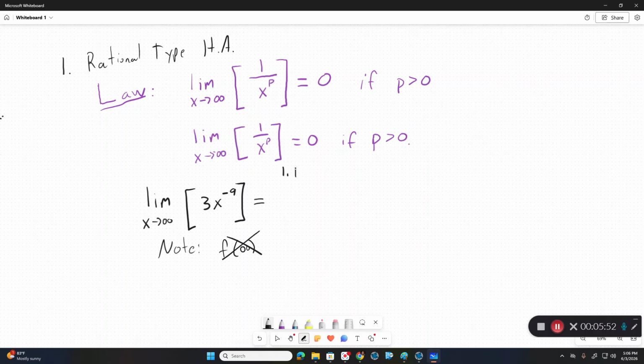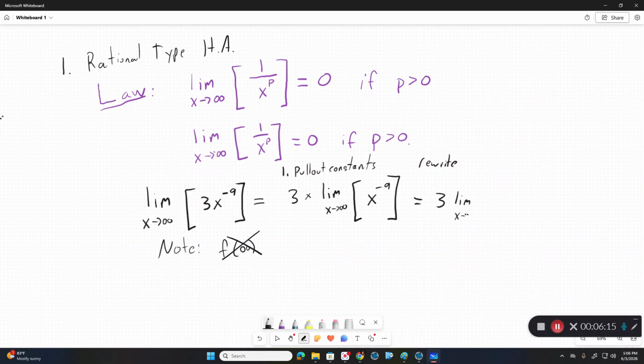So reminder, we can pull out constants. 3 times the limit as x approaches infinity of x to the negative 9. We're going to rewrite 3 times the limit as x approaches infinity of 1 over x to the 9.